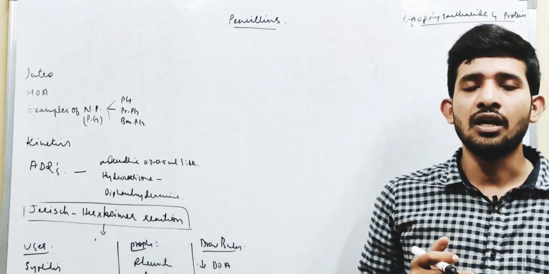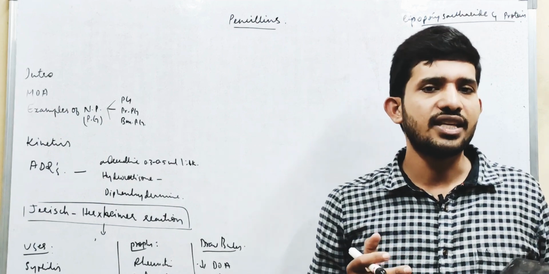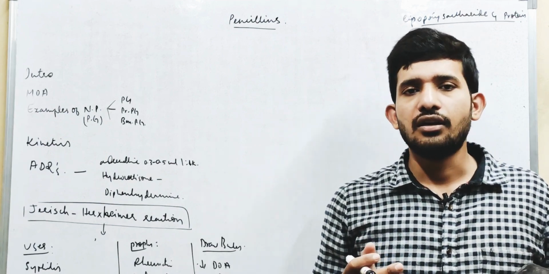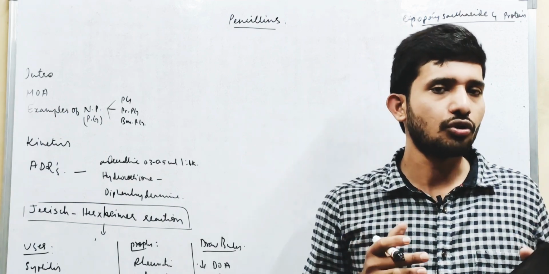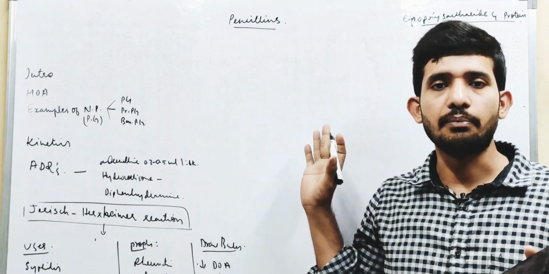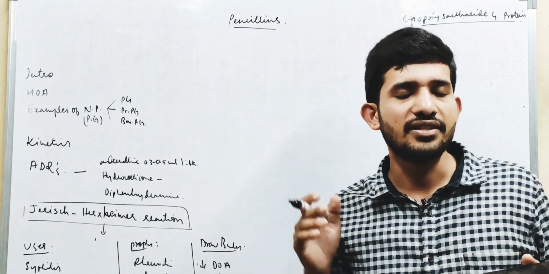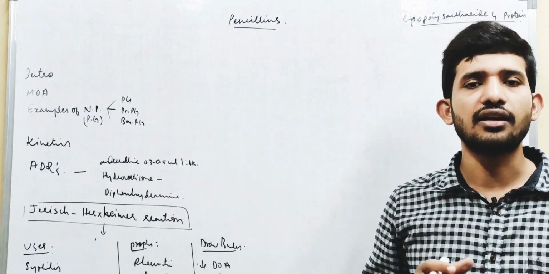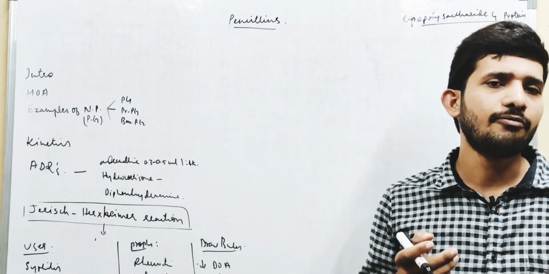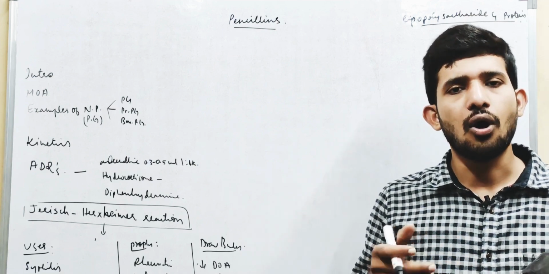penicillin G. So as we are saying, penicillin G is a natural penicillin, and it is not indicated by the oral route because it is acid labile. Penicillin G is acid labile, and in acidic conditions it will be destroyed in the GI tract. That is the reason we commonly give penicillin G by IV or IM.